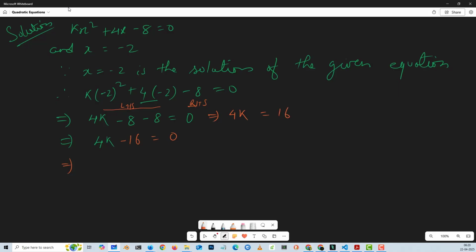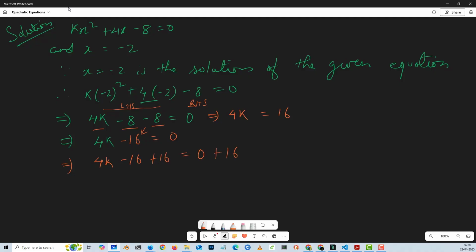So many of you may get confused. How did it become 4k equals to 16? So I will show you once. See, this minus 8 and minus 8 will be combined, so this will become minus 16. So suppose here is my 4k minus 16 and here is 0. So what we can do, we can add plus 16 on both sides.